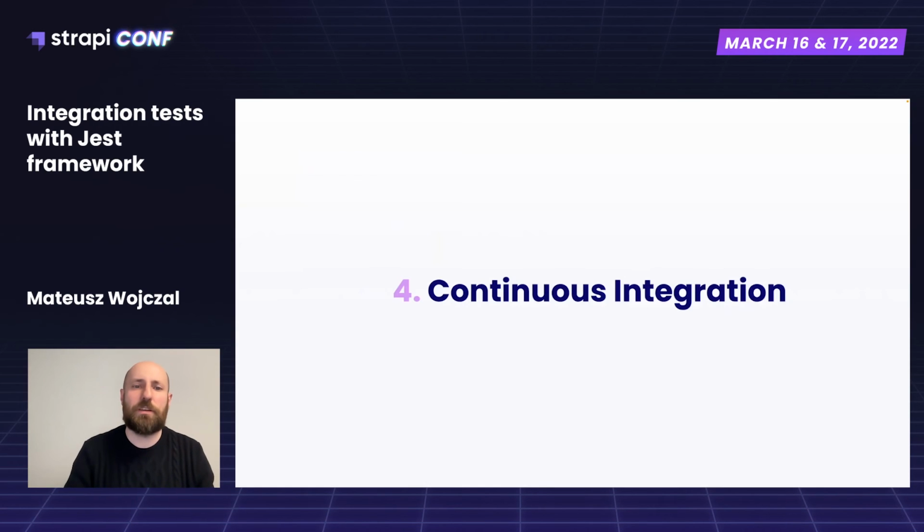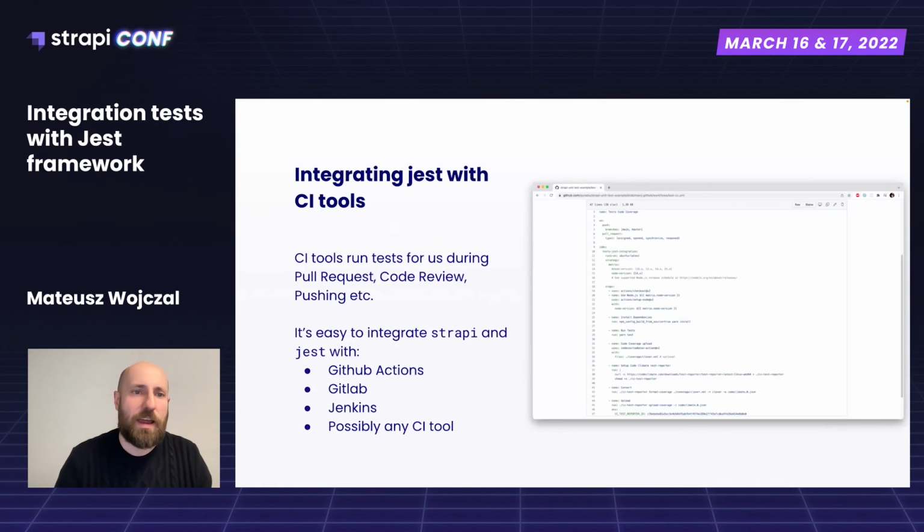Okay, once we have those tests, it's nice to put them inside continuous integration. And continuous integration with Jest is really easy. And if you use open source, it's for free. So I've integrated Strapi Jest with GitHub Actions, with GitLab runners, Jenkins, and other tools.